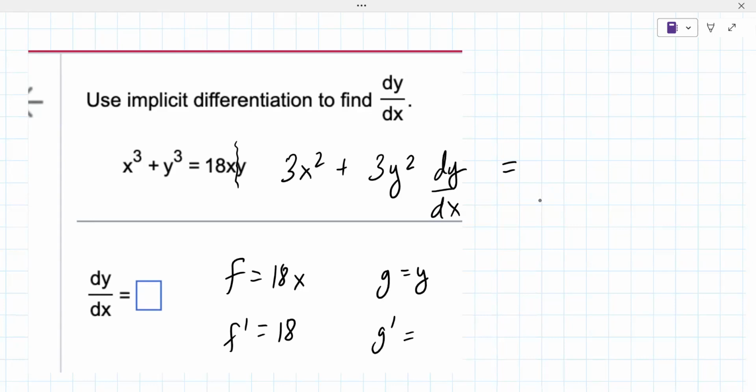The derivative of g is dy dx. So the derivative is 18x dy dx, that's the fg prime, plus 18y like that.